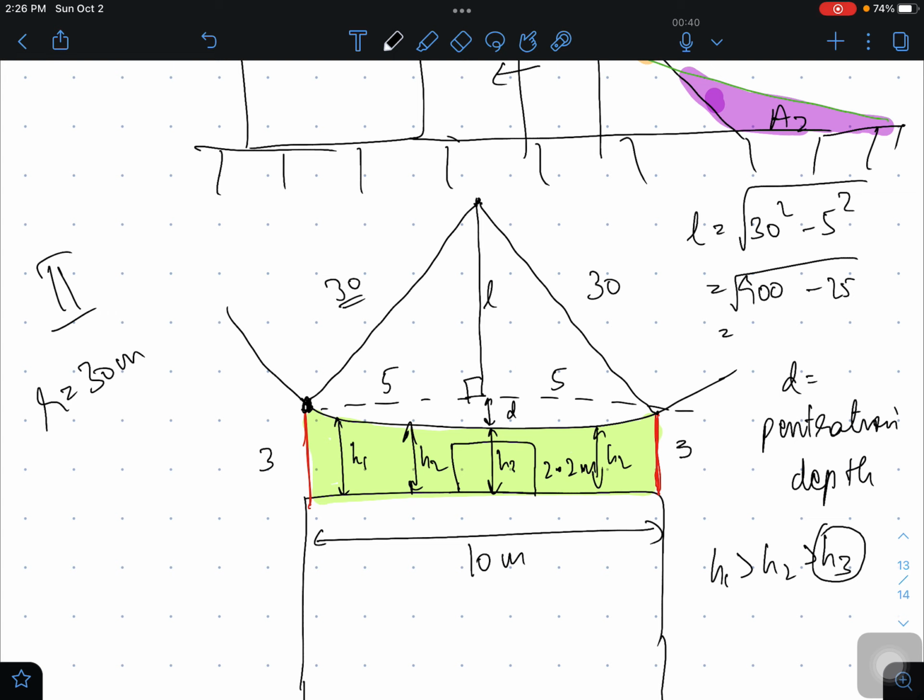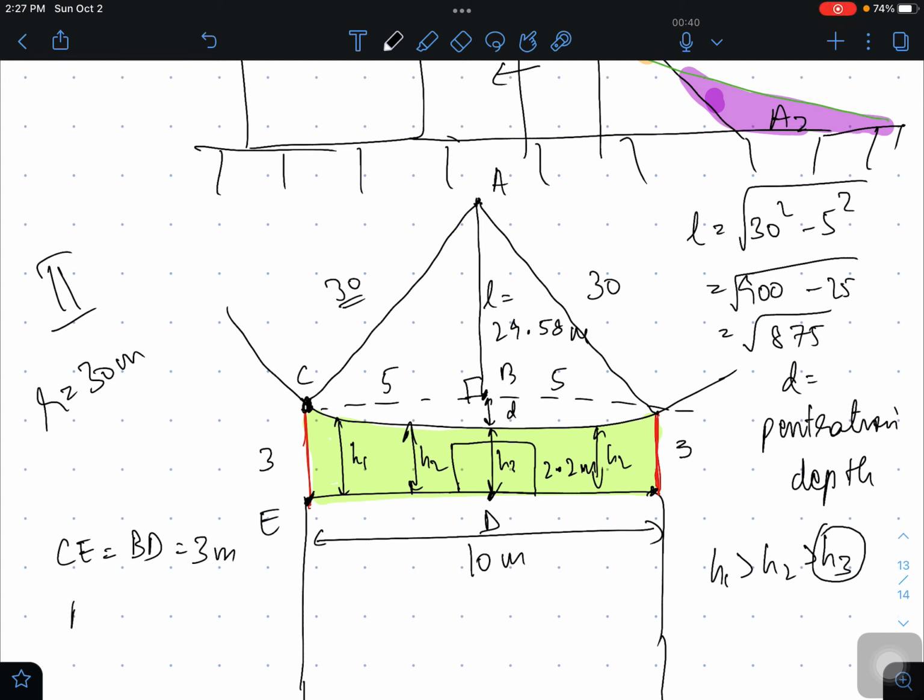That means square root of 875, which is equal to 29.58 meters. So this is 29.58. This length, let us mark it as A, B, C, and this point as D, this point as E. So CE is equal to BD, and this is equal to 3 meter.